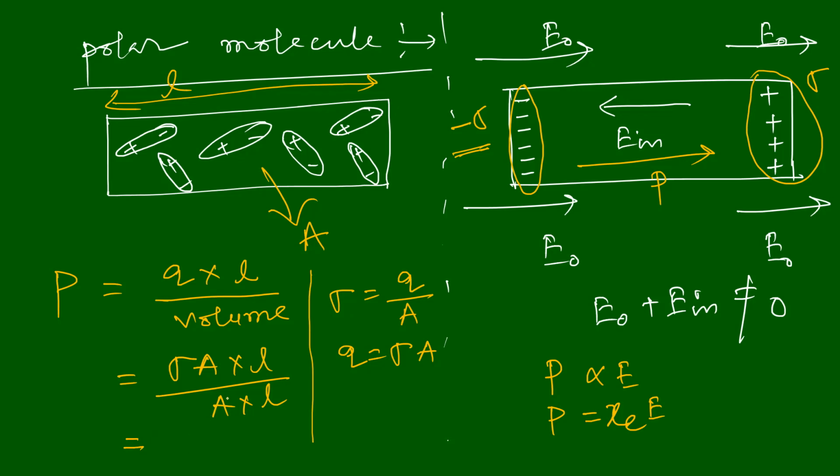The area and the length cancel out and we get only the surface charge density. So the extent of polarization is directly equal to the surface charge density of the dielectric slab. It will be better to represent it as plus minus sigma. Finally you can write it down, it will be more precise.